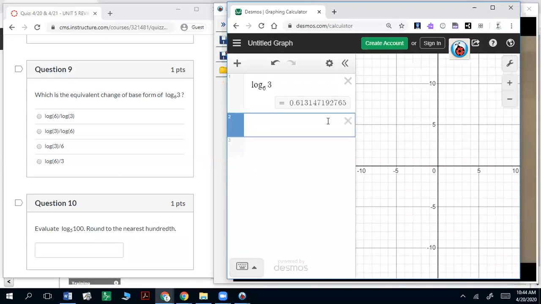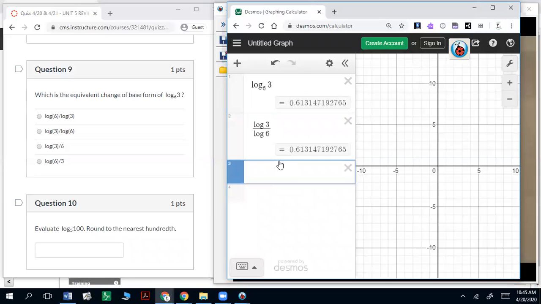Another way to do that is to do 2 logs. You'd make a fraction, and on the numerator, you'd put log of the number that's in the value, so not the base, but the number that's written in a larger font. That'd be log of 3, and your base would be log of 6. Notice those give you the same number.